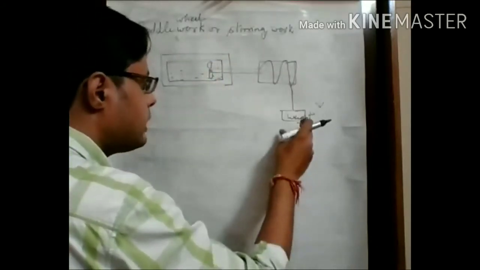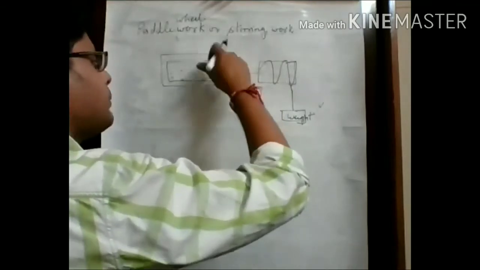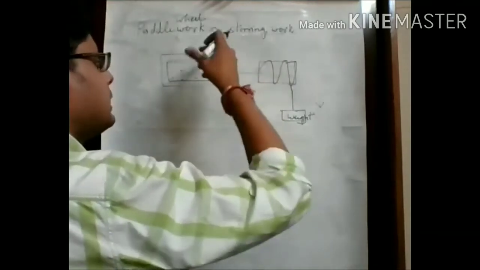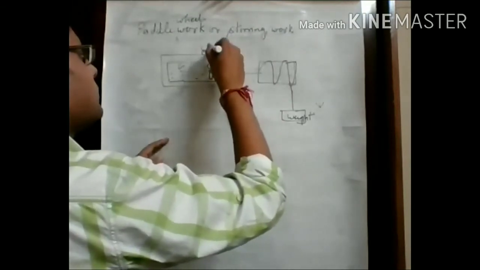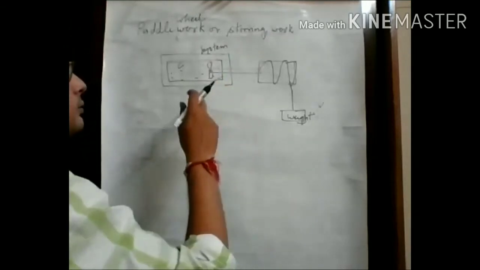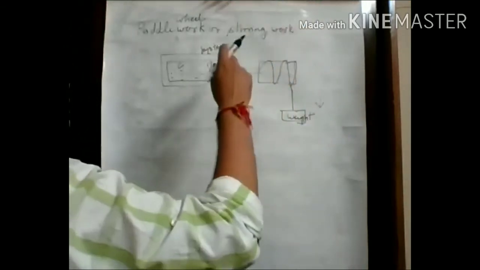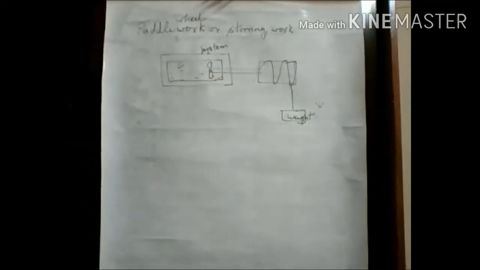This is moving downward, that's why this shaft is rotating, and this shaft and this spindle are working inside the fluid. So if this is a system, we can say that this spindle is doing work on the system.